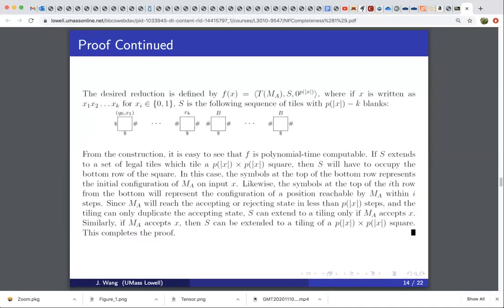Okay, so then how do we represent the initial sequence of S? So I use these tiles. My input, I can write my input as x1, x2, up to xn.